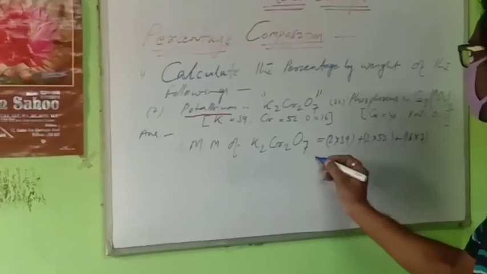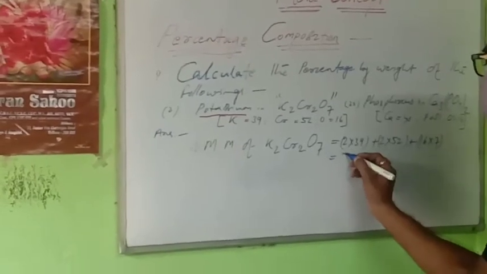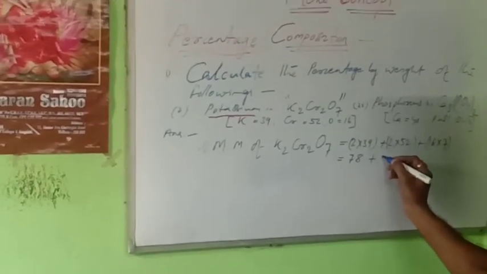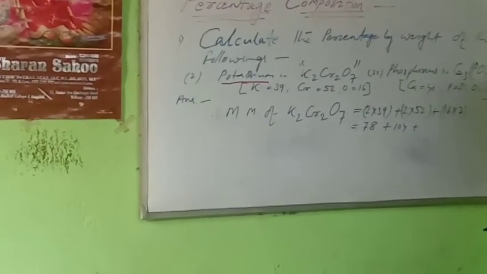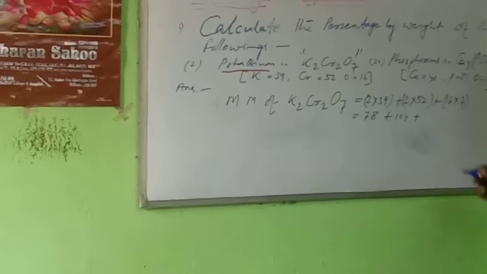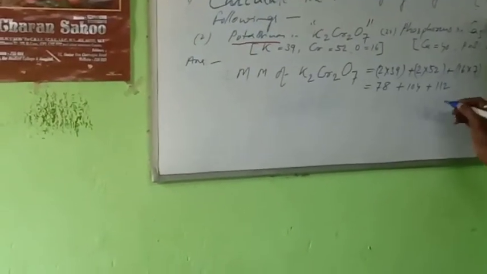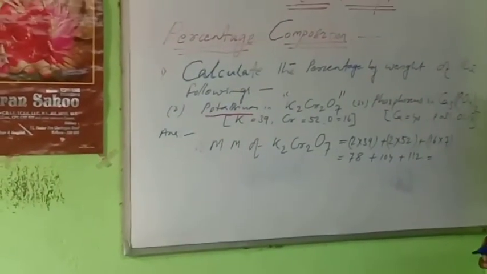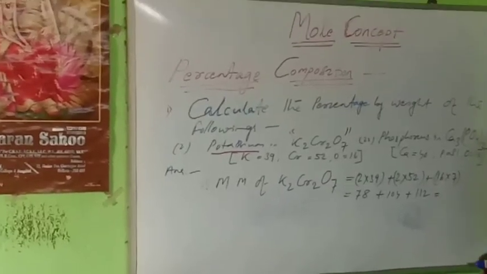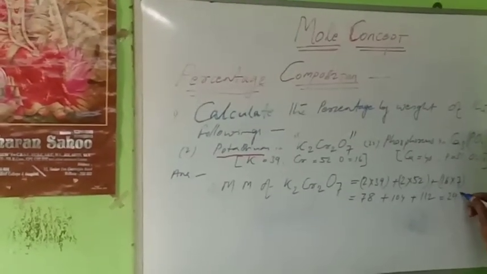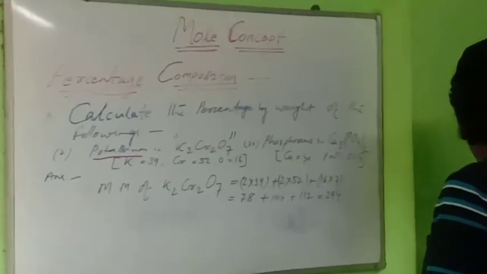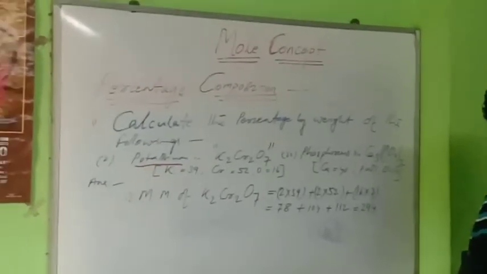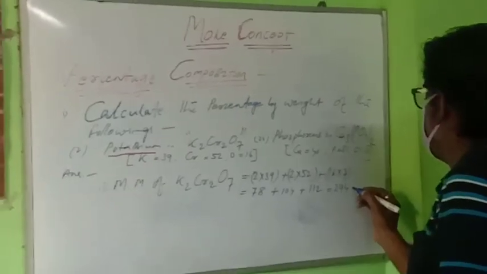Now you multiply: 78 plus 104 plus 16 into 7, which is 112. If you add, the result is 294 gram. This is the molecular weight, 294.